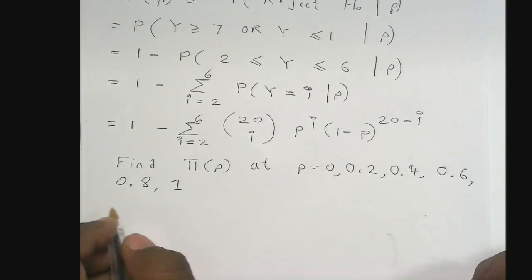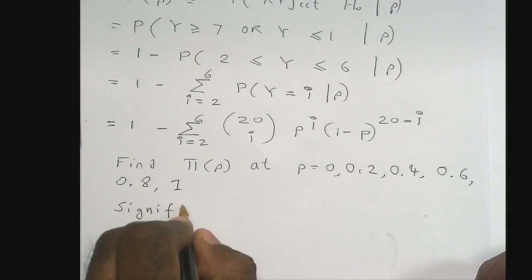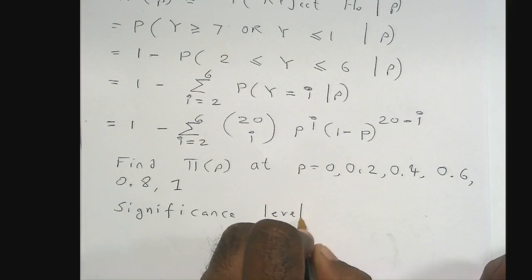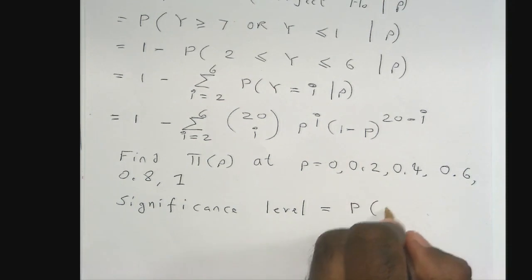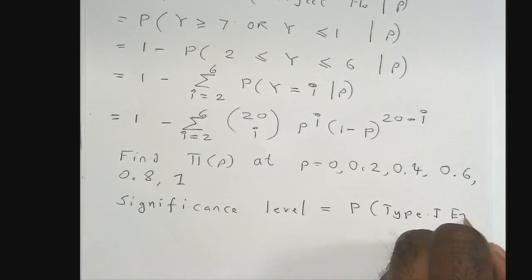Now finally, the significance level. Now remember what I said during the lecture today. The significance level is the same as what? What did I say in the lecture? Probability of Type 1 error, exactly. It's the probability of type 1 error.